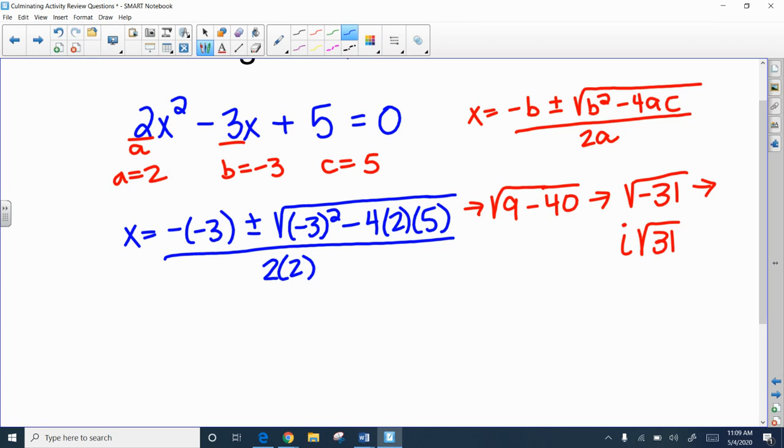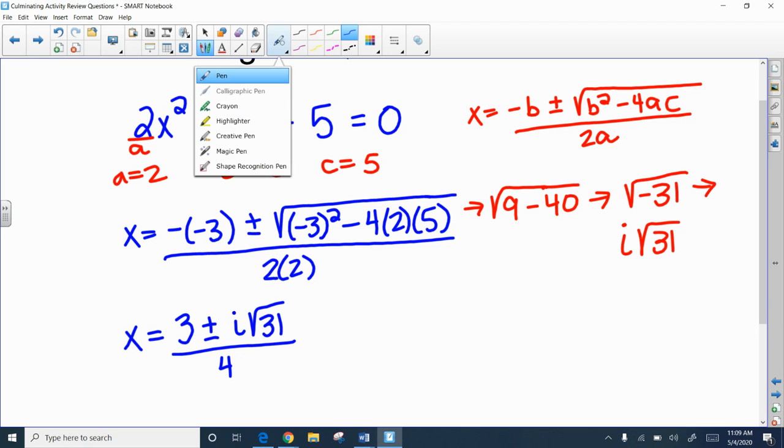All right, let's simplify now. So x equals, right here, instead of writing negative negative 3, I would just write positive 3 plus or minus the square root. This whole thing here is simplified to i square root of 31 over 4. Now, in some cases, we can divide both terms by 4, not in this case.